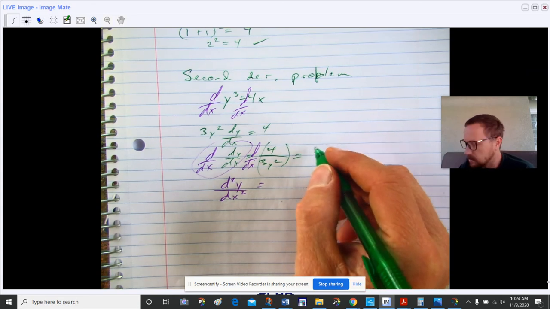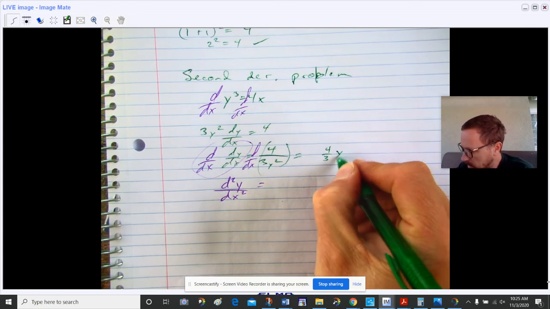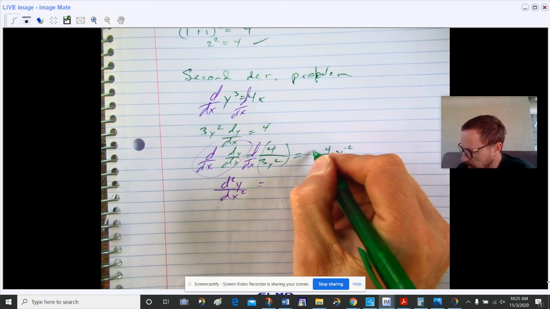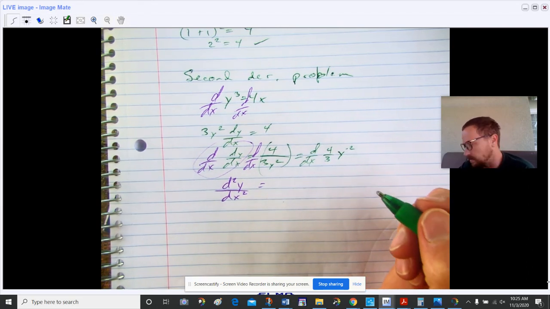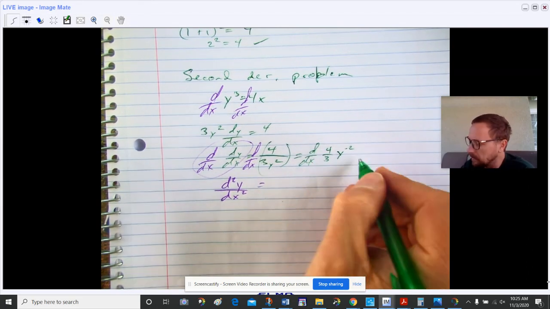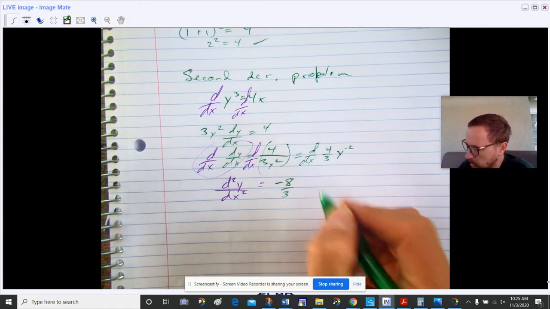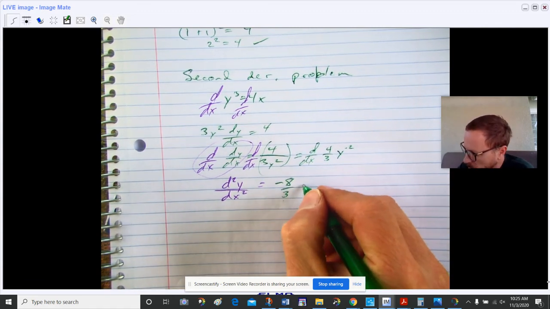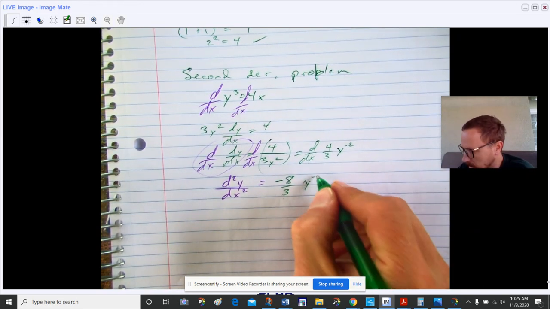That'd be 4/3 y to the negative 2. And if I'm going to take the derivative of that, isn't that a lot easier than using the quotient rule? I think so. So we'd end up with negative 8 over 3, because negative 2 times 4/3 is 8/3, y to the, subtract 1, negative 2 minus 1 is negative 3.